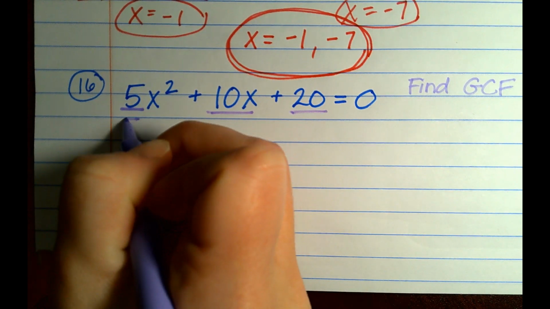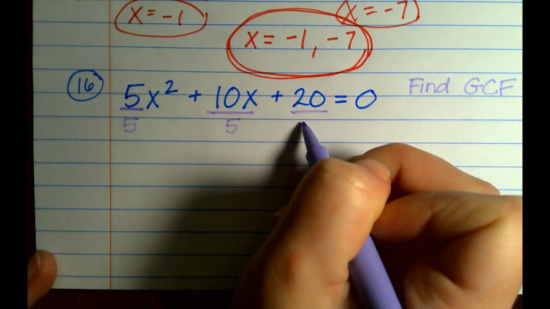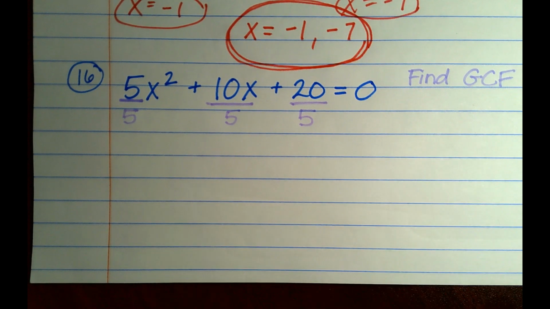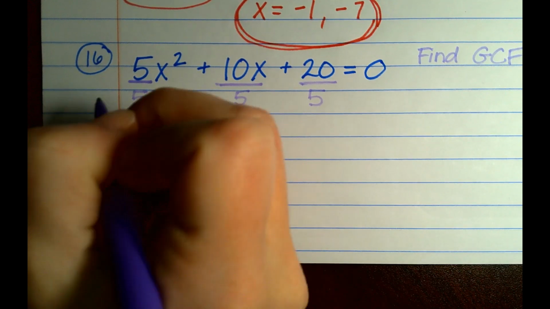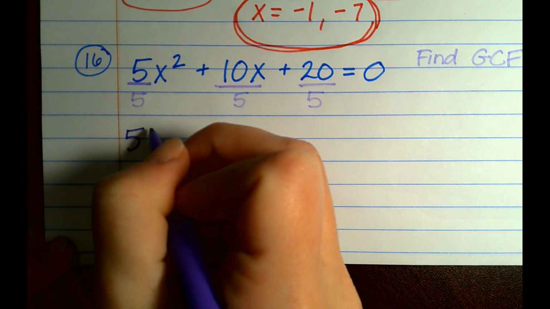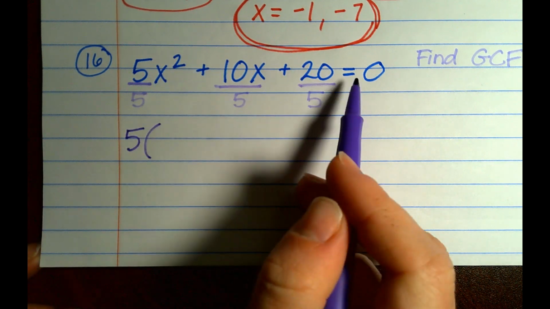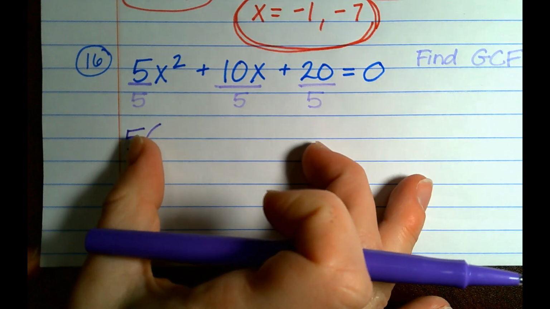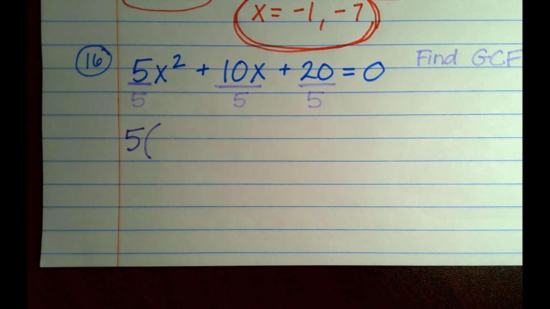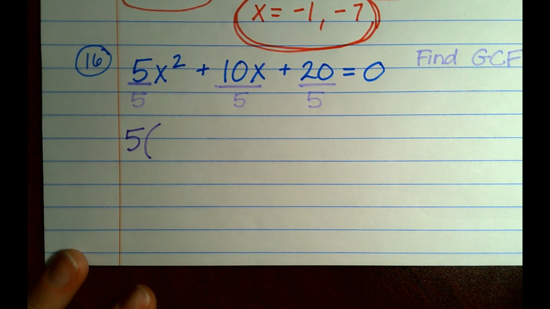So we'll divide everything by 5. And what do I do next? Put the 5 down. I'm going to bring that 5 over to the side, because if I divide everything by 5 here, it's going to make my new expression in the parentheses different. And if I just lose that 5, then it's not the same problem as before. So we're going to keep the 5.